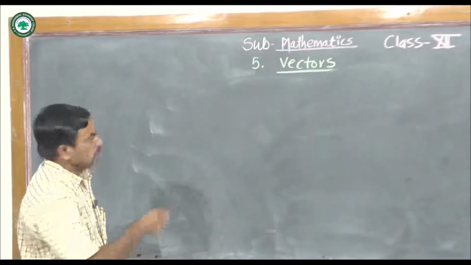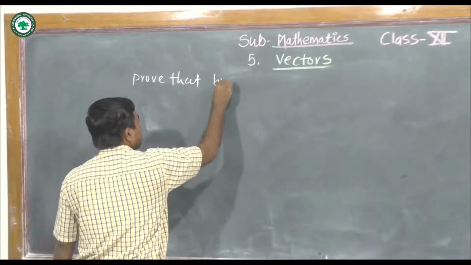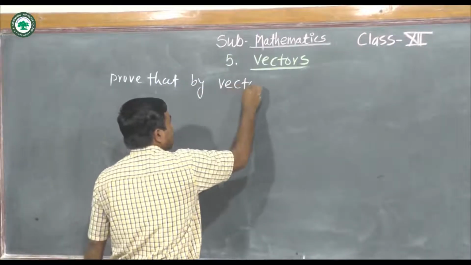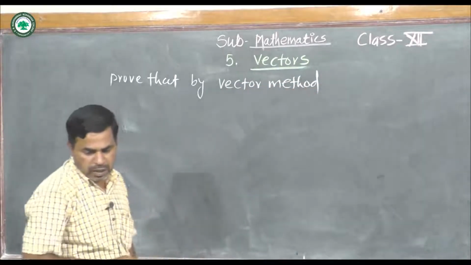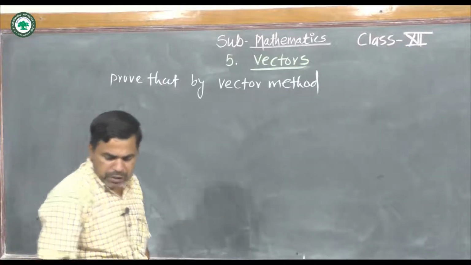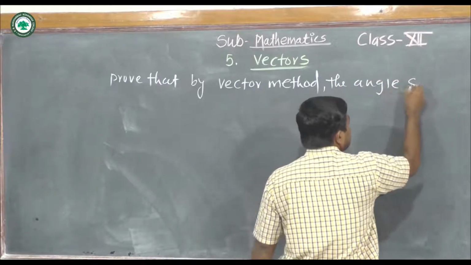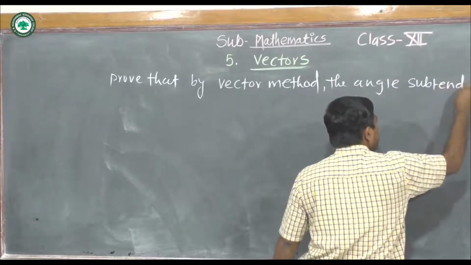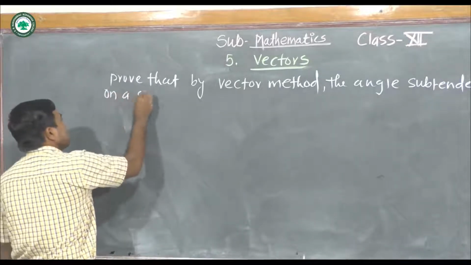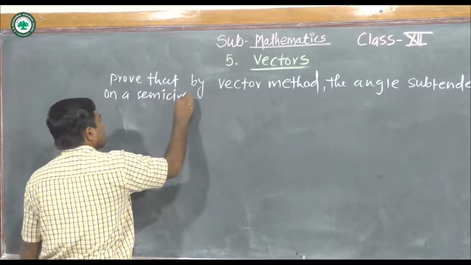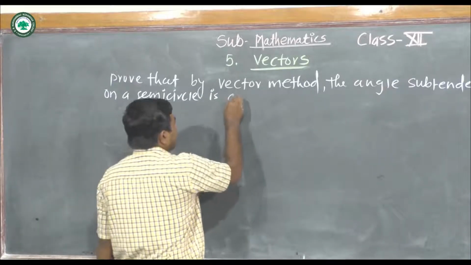Prove that by vector method the angle subtended on a semicircle is a right angle.